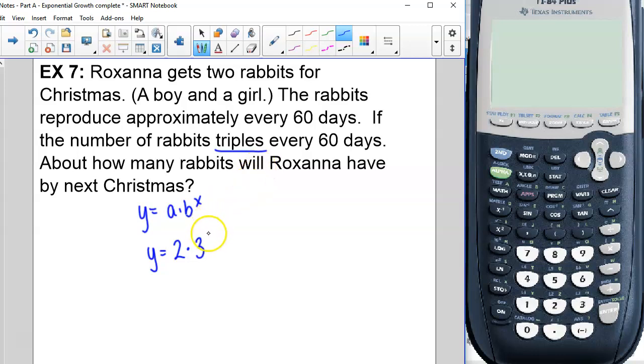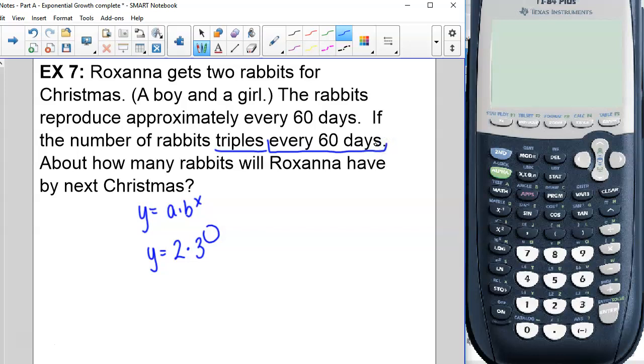Now, this is what I'm not really sure about. What goes here for my time? It's not 60. So, how often do they reproduce? 60 days.